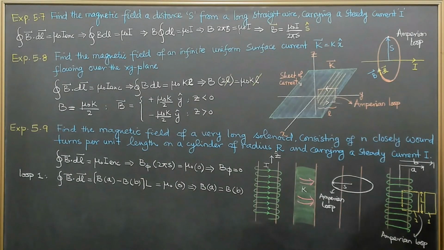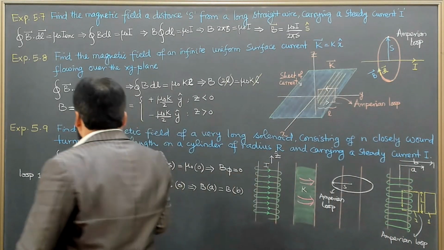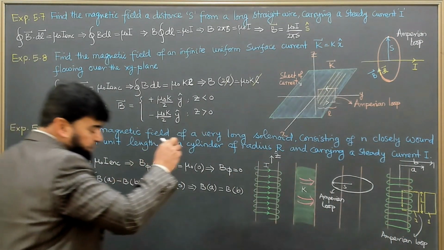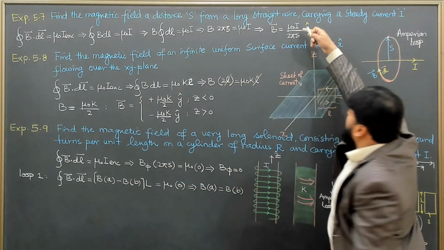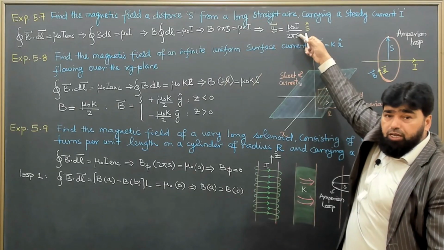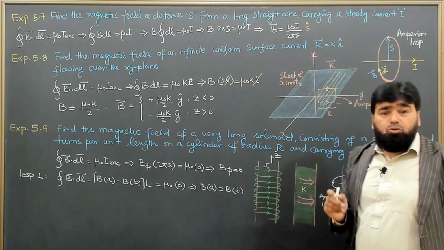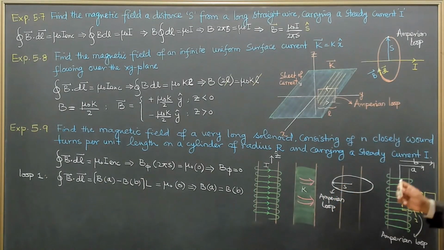And we know about this magnetic field, as we have calculated here, that this magnetic field must drop as you go away from that current. So it should drop as 1 over s. And here we see that the magnetic field at this point and this point is the same. And this is basically only one situation.